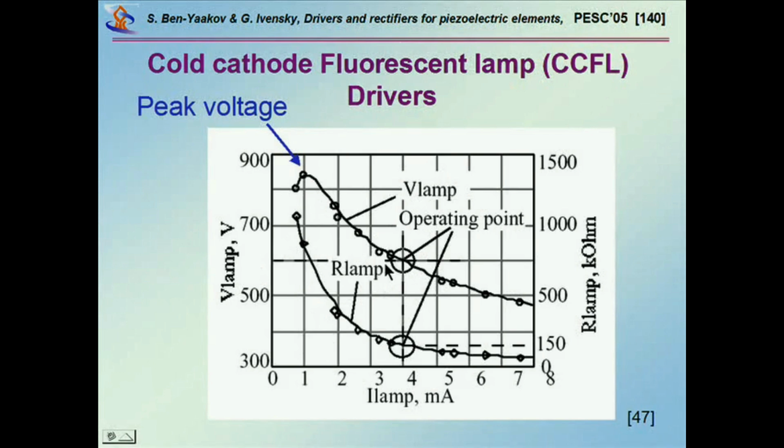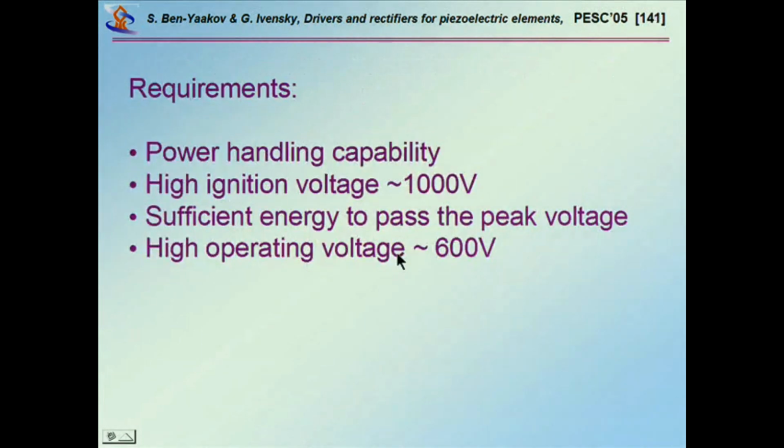So this is one issue that has to be carefully examined, because sometimes you will find a piezo which can very nicely operate here, but it cannot pass this point, and it will not start. You need either an outside igniter, or you have to increase the voltage, or do something else. Otherwise it will not ignite.